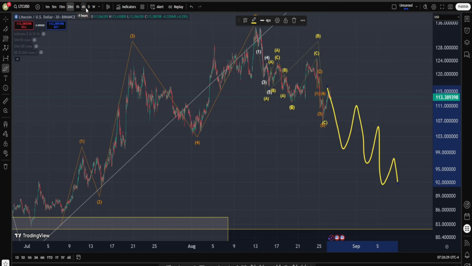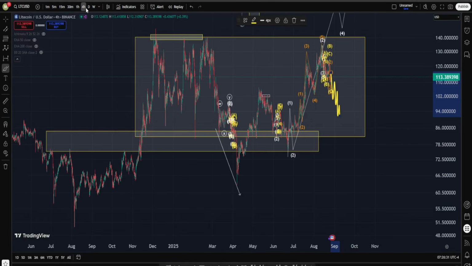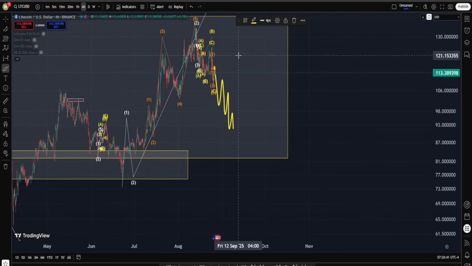However, it's very important to understand that having a move down starting from the current point in order to get to those levels is not going to be a bad sign at all. One way or the other, I am extremely bullish in LTC.